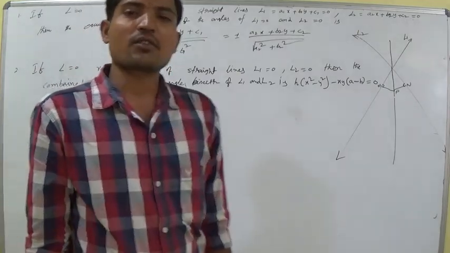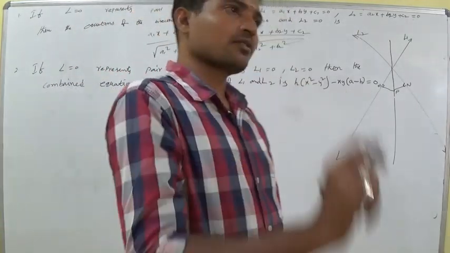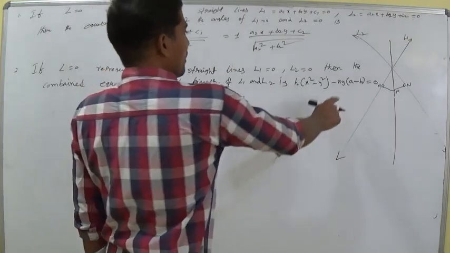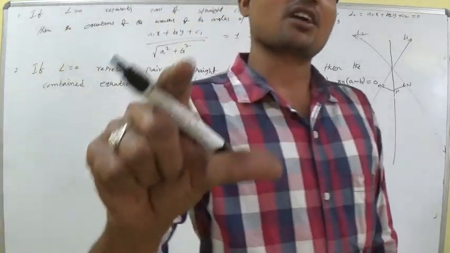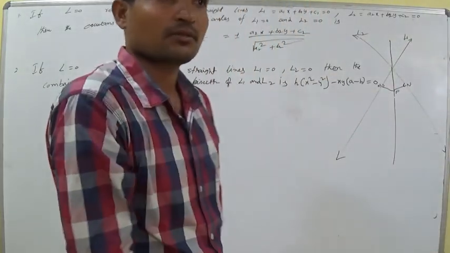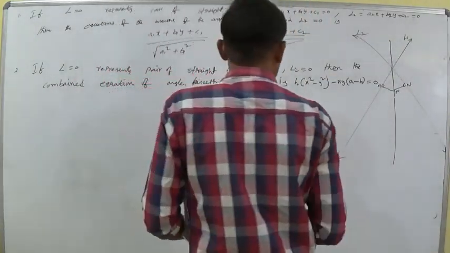H into (x square minus y square) minus xy into (a minus b) is equal to 0. This is the combined equation of the angle bisector of the pair of lines.